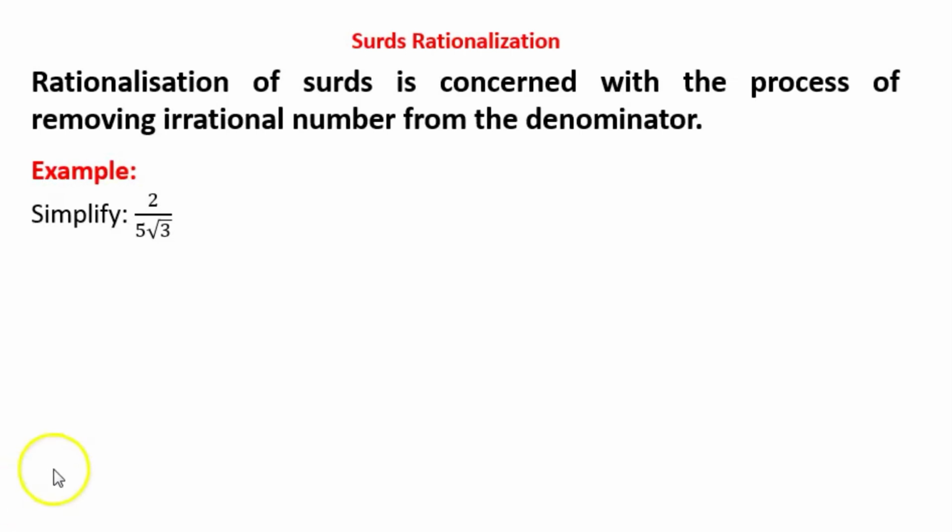So just like we see here, when we say irrational, we can see root 3. Root 3 is irrational, so we are trying to remove this particular irrational number from the denominator.